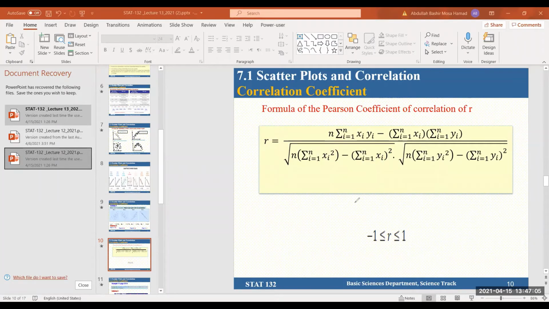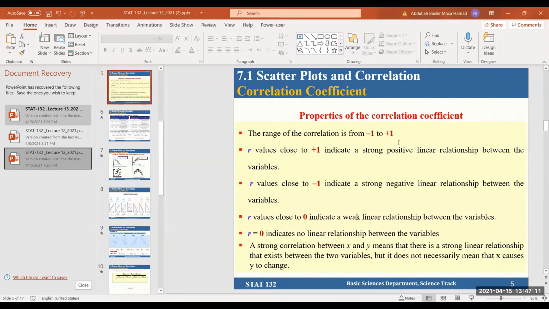Let's see more properties of the correlation coefficient. It should be between minus 1 and plus 1. Maximum is 1, minimum is minus 1.